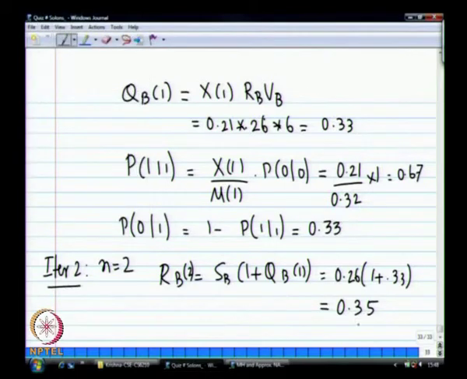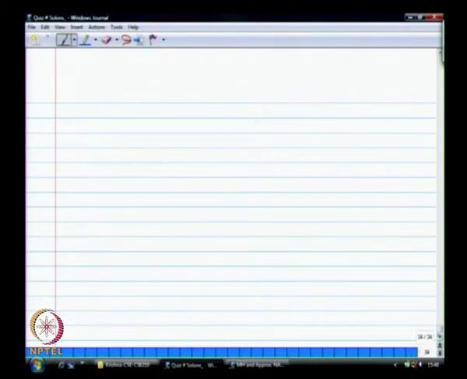So that is a standard update we did the last time, right. Only now the probabilities are going to be different.